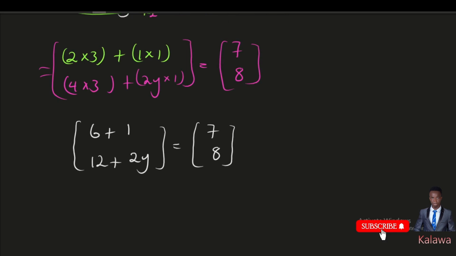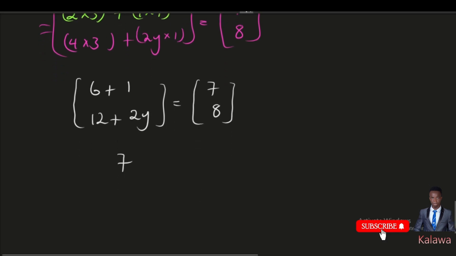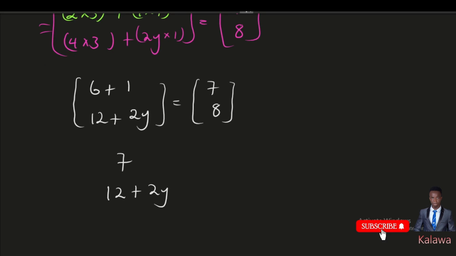So in this case, obviously we take them by the column. So 6 plus 1 is going to give us 7. And then 12 plus 2y, we put it for now this way, because they are not like terms, so we cannot add or subtract them. All of this must equal 7, 8.